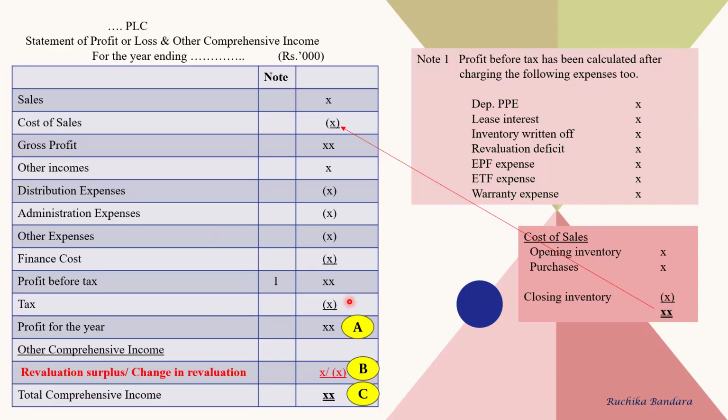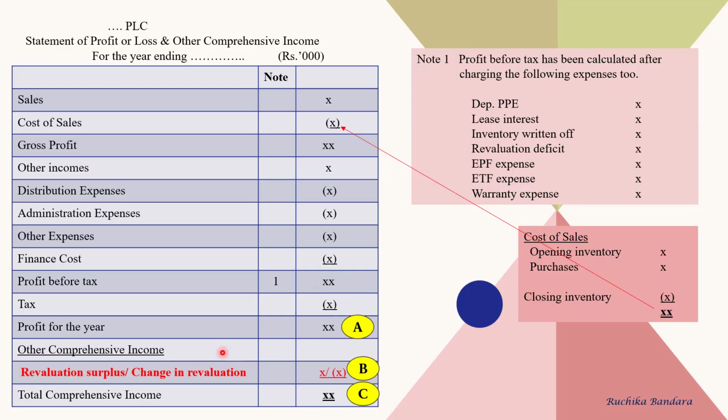But most of the time in the questions, they will give you whatever the fraction, that means 1/3 or 1/4 from the profit before tax. So in that situation, whatever the amount that you got as profit before tax, take 1/3, that is your tax amount. Profit before tax minus tax, you get the profit for the year.